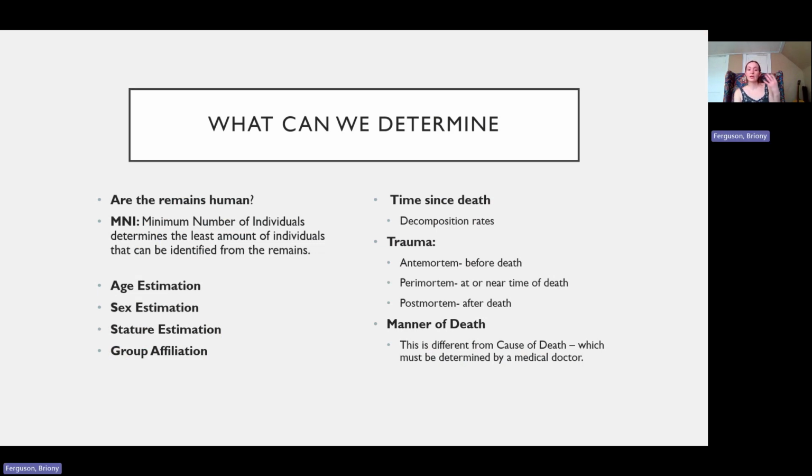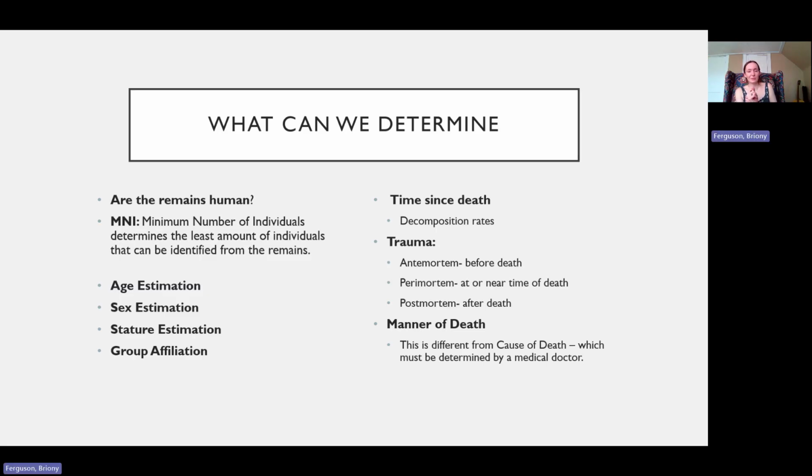Now, you can also estimate stature. However, this is going to be something that you have to be able to measure. And typically, it's not going to be very accurate unless you have a long bone to measure, so something in your arm or your legs. We will not be doing this for your lab because there is no possible way for me to provide you the physical tools that you would need to measure bones that you can't physically see.